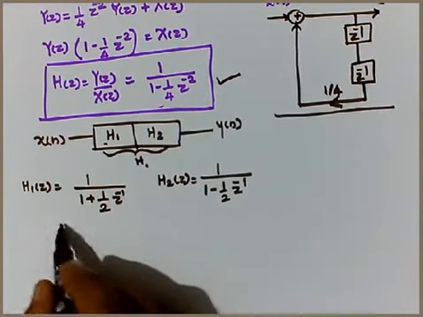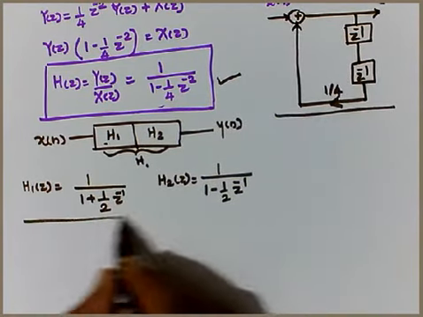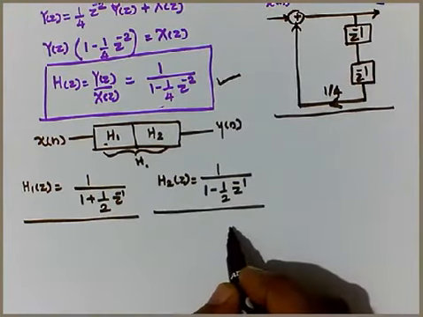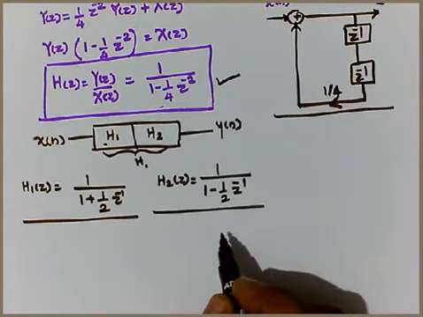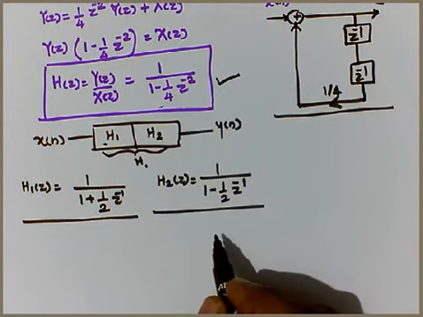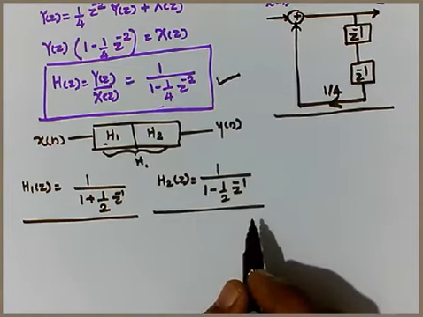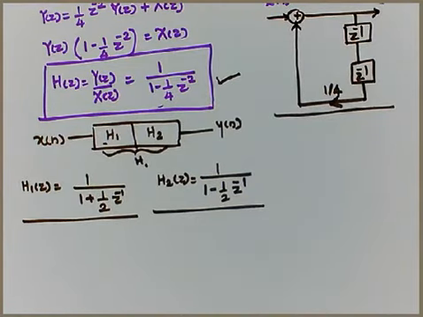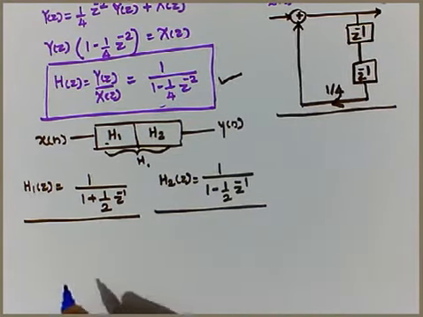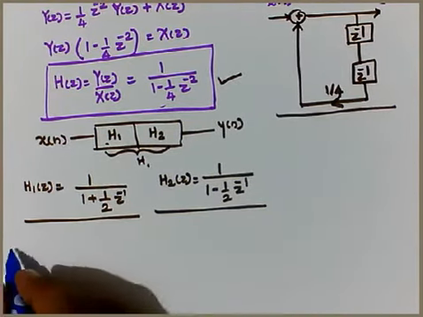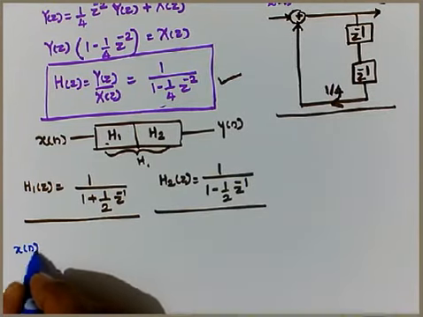Just represent each h of z with the equivalent system. That can be done easily with the help of either direct form 1 or direct form 2 realization. So let's proceed for this. See here what exactly we are going to do. So x of n will be here.